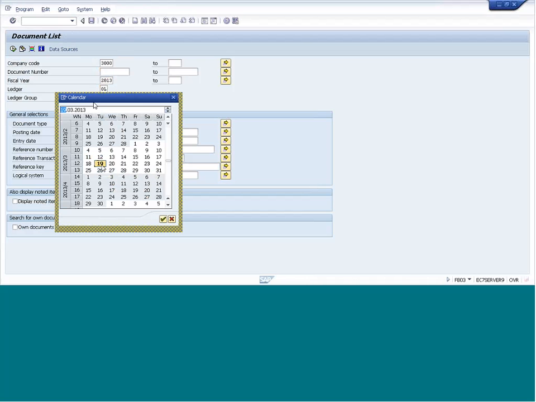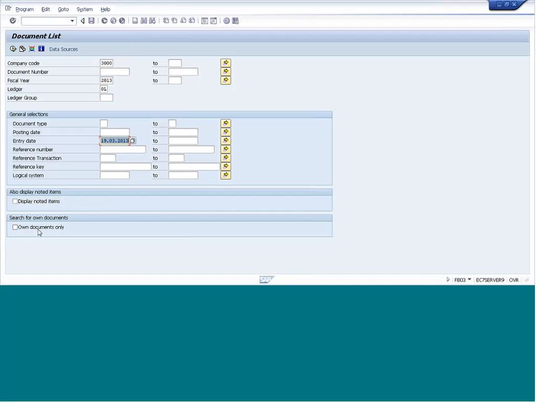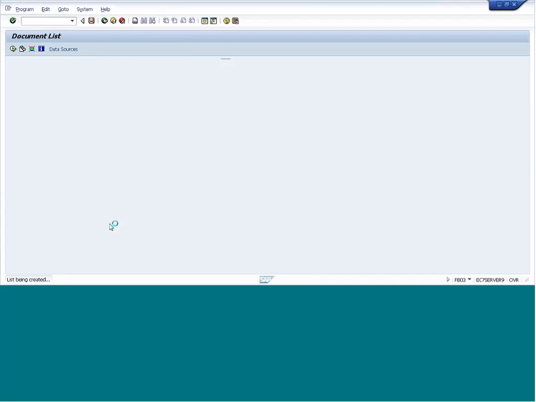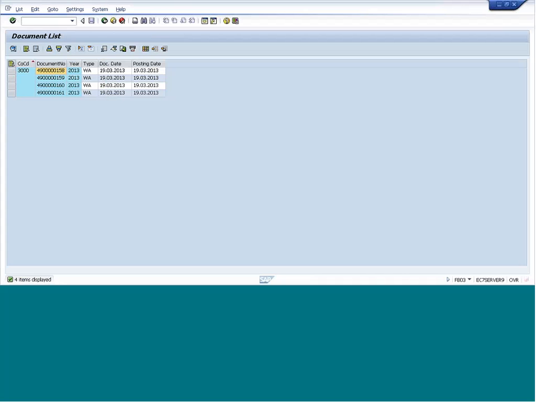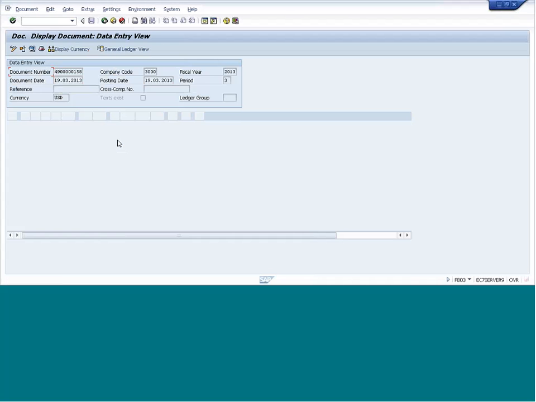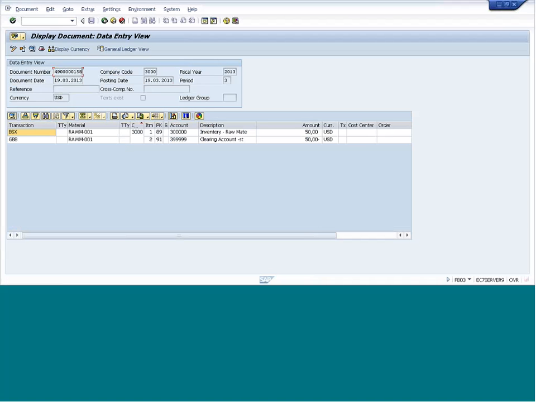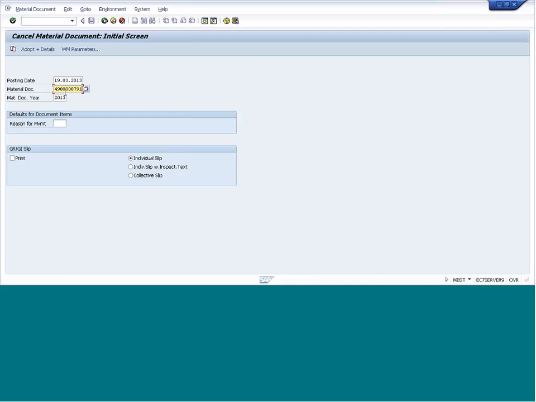Yeah, there will be some challenges for the moving average price. Sometimes the stock coverage is not there, then it's a problem. So let's go here. The first document which we used for $50, now you go and cancel that particular document. Let me see whether it is available or not. Oh, that was an FI document.